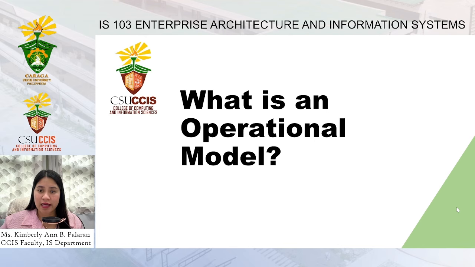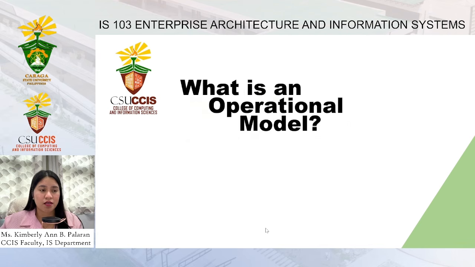You need to decide, should each branch operate on its own with different rules? Should all branches share a central ordering system? Or should every branch follow strict guidelines but operate independently? So these are the things that you need to consider if you are running a fast food business chain.